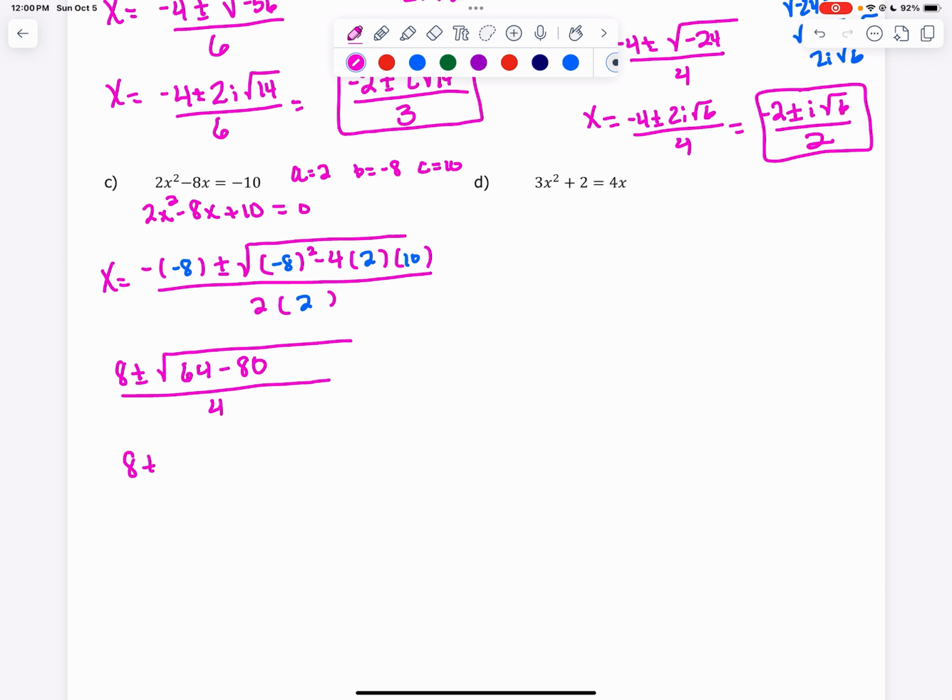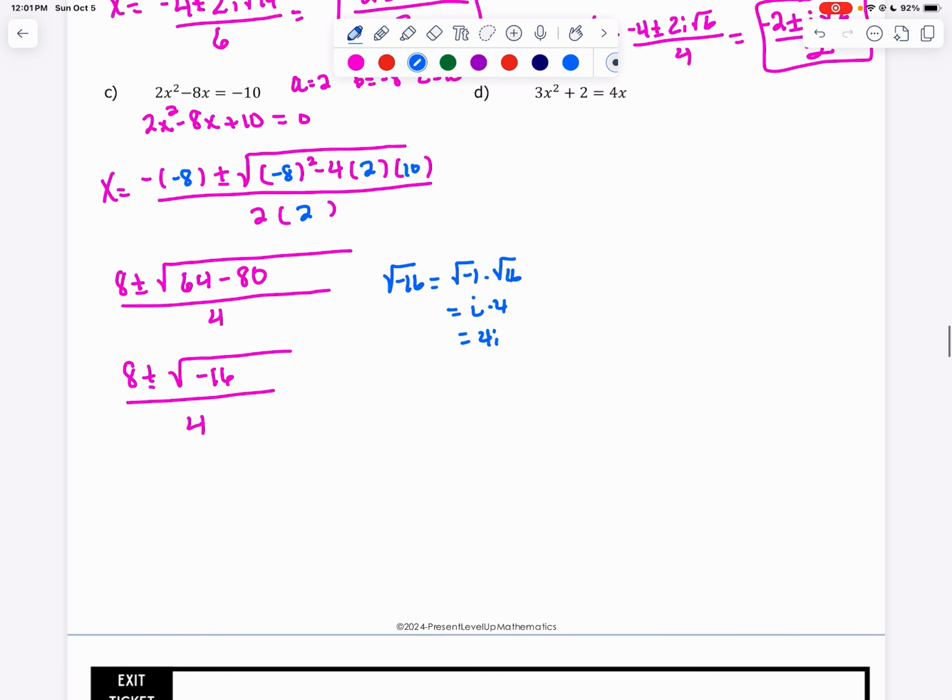So 8 plus or minus, let's see, that would be 64 minus 80. That would be negative 16 over 4. Now, the square root, let me get a different color here. The square root of negative 16 is the square root negative 1 times square root 16, which is i times 4, or 4i.